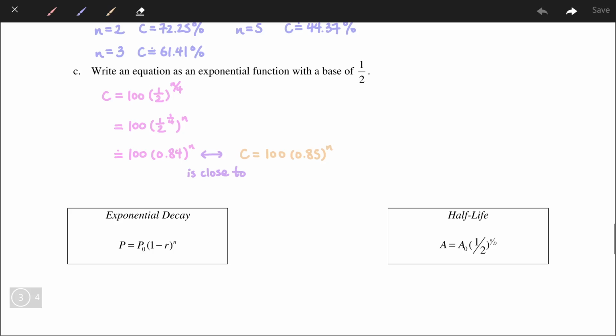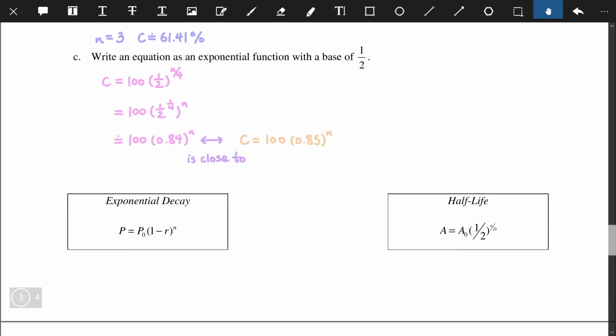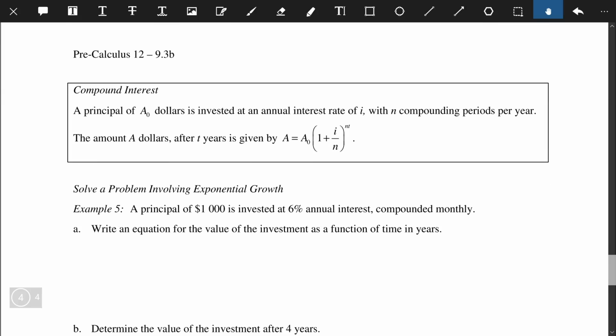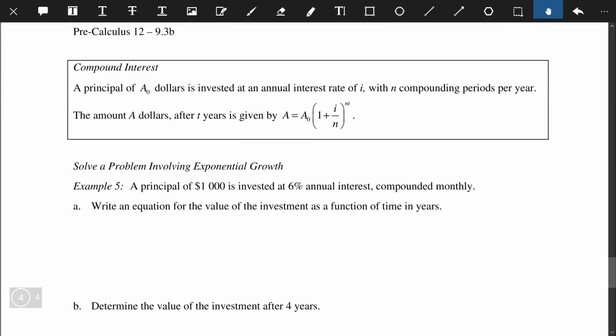Okay, so one more small topic involving exponential equations, and that is compound interest. So the principal of $A0 is invested at an annual interest rate of i, with n compounding periods per year.